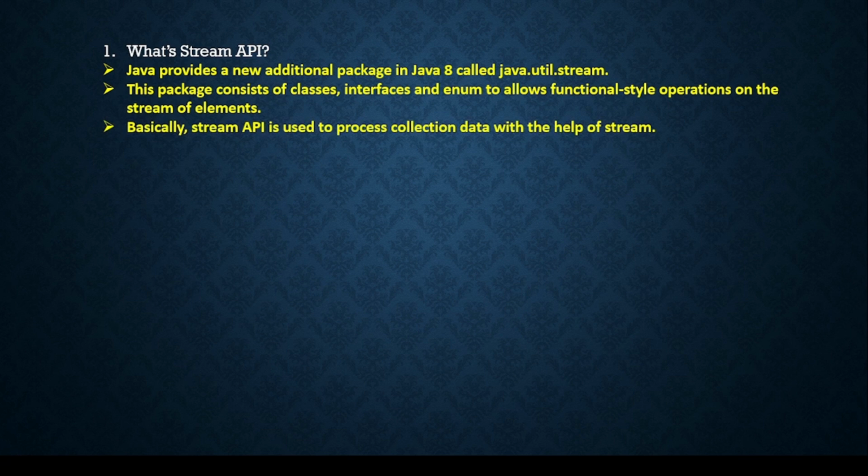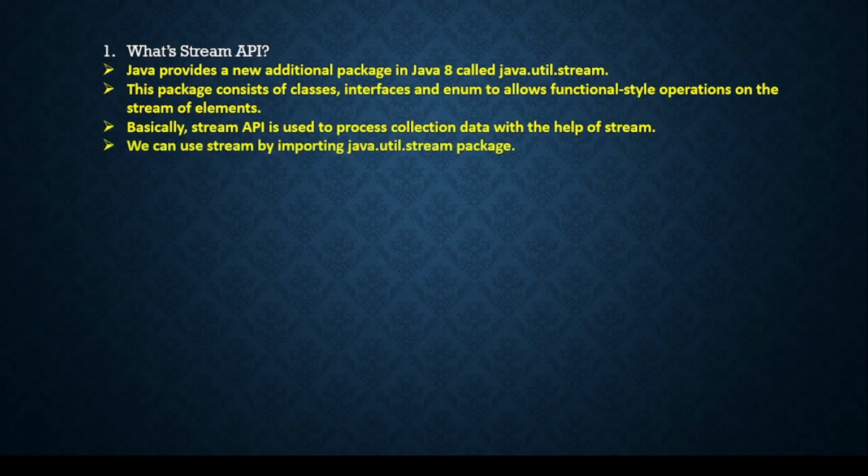Basically, stream API is used to process a collection of data with the help of stream. For example, we have a list, set or some collection object containing some collection data. In order to process that, we can make use of stream.